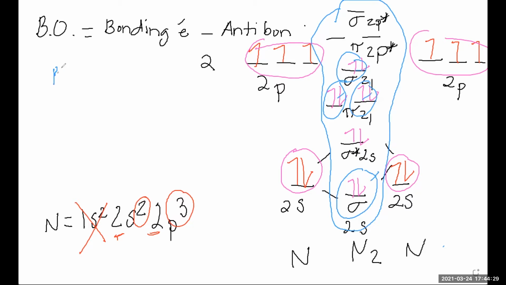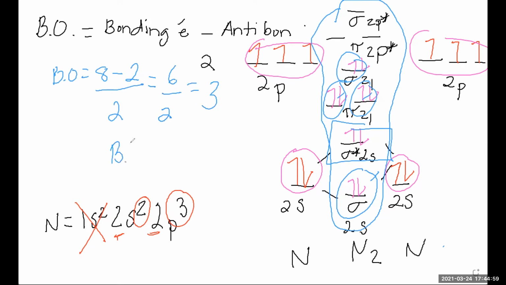So we have 8 minus our anti-bonding electrons, which are the electrons with the little asterisk or the star. In this case, we only have this one, so 2. And the equation says divide everything by 2. So we have 6, take away 2, would give us 3.